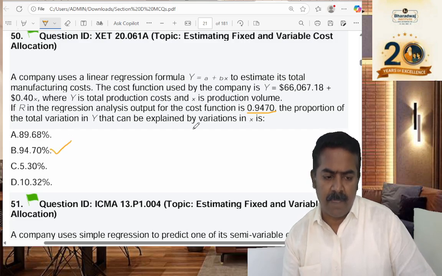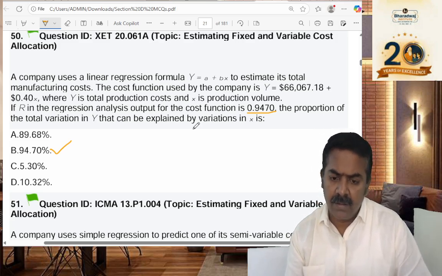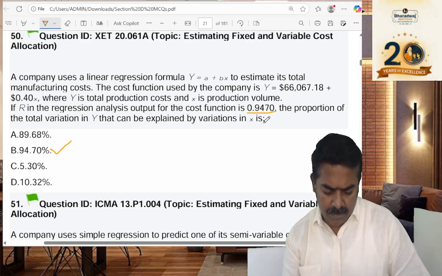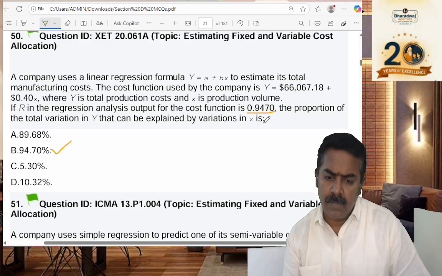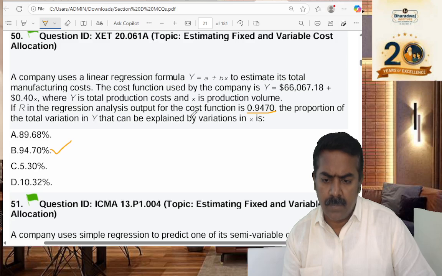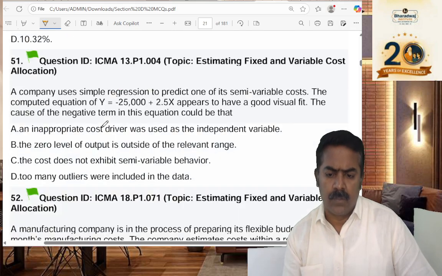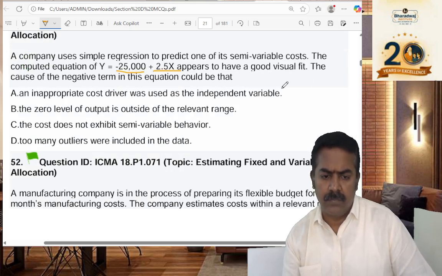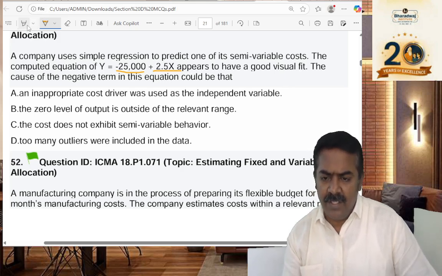Variation is how much? 94.7%. Normally, it should be a positive term.